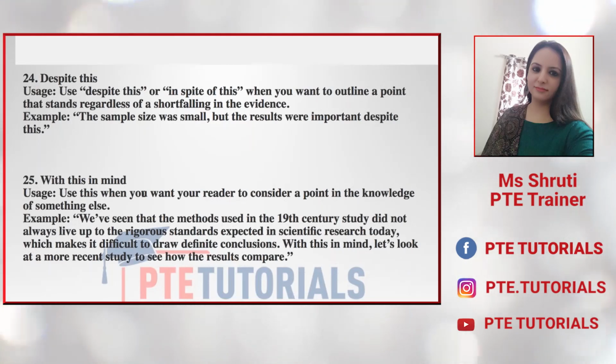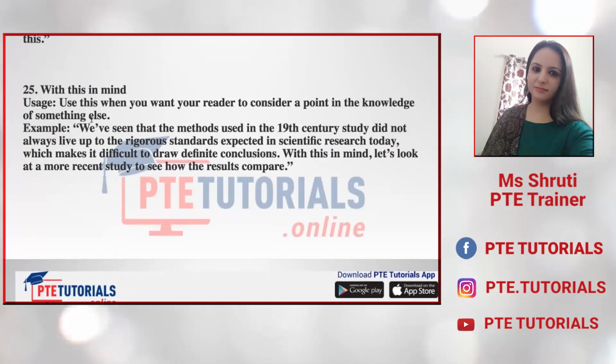Next one is with this in mind. Use this when you want your reader to consider a point in the knowledge of something else. For example, we have seen that the methods used in the 19th century study did not always live up to the rigorous standards expected in scientific research today, which makes it difficult to draw definite conclusions.